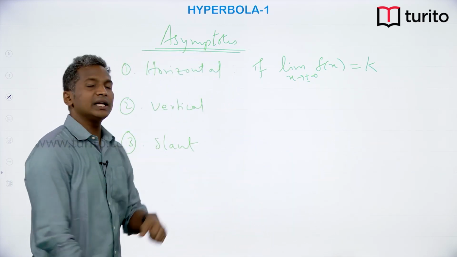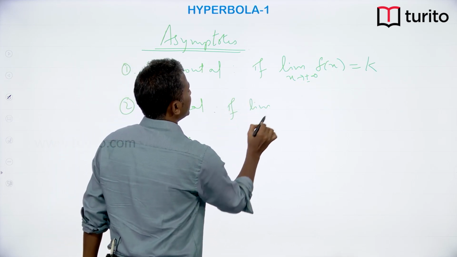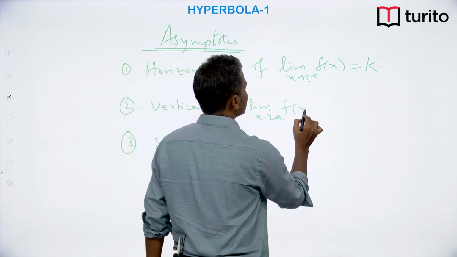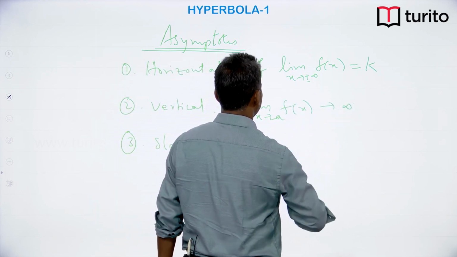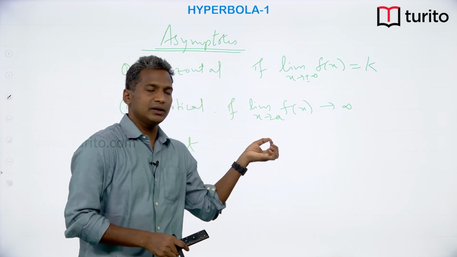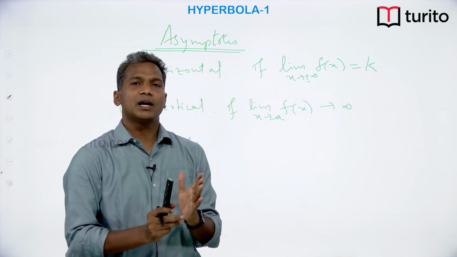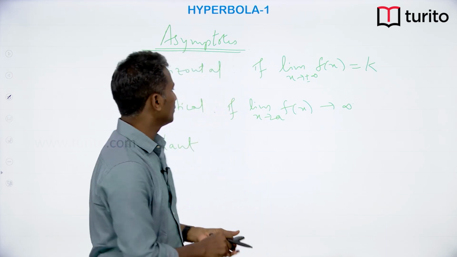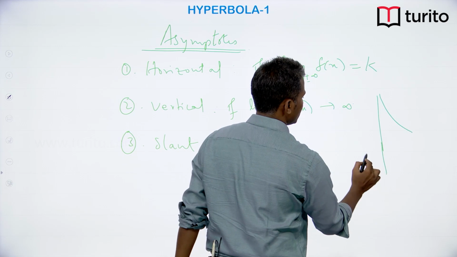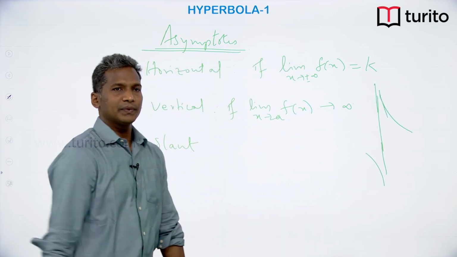Now, for vertical asymptotes, if the limit as x tends to a particular value a, f of x tends to infinity, then our graph is going to blow off. This vertical asymptote may look something like this. Basically the graph will approach a straight line which is vertical.